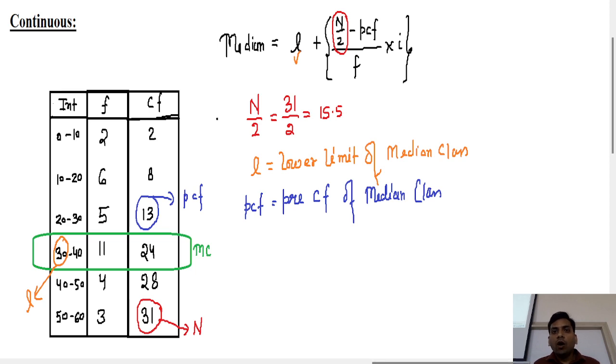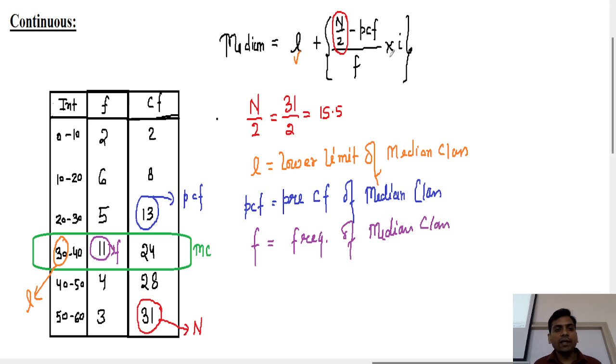Done? Okay. Now in the formula, next term is F. F is the frequency of the median class. Okay, so what is the frequency of the median class? So this is the frequency of the median class, F. Clear?